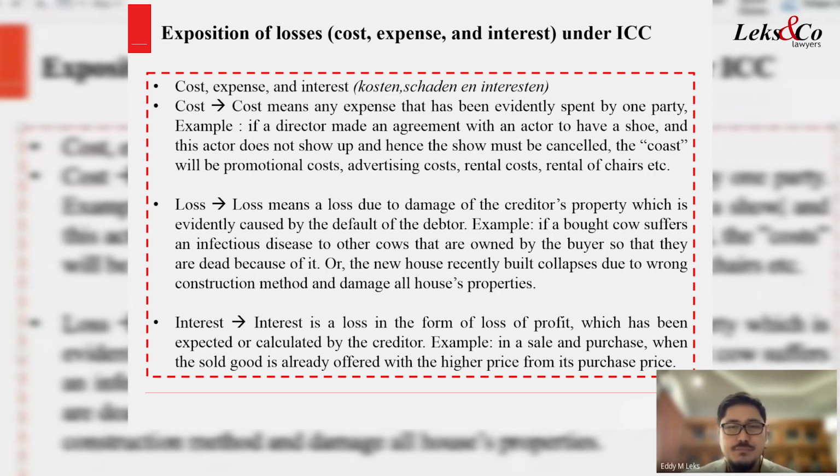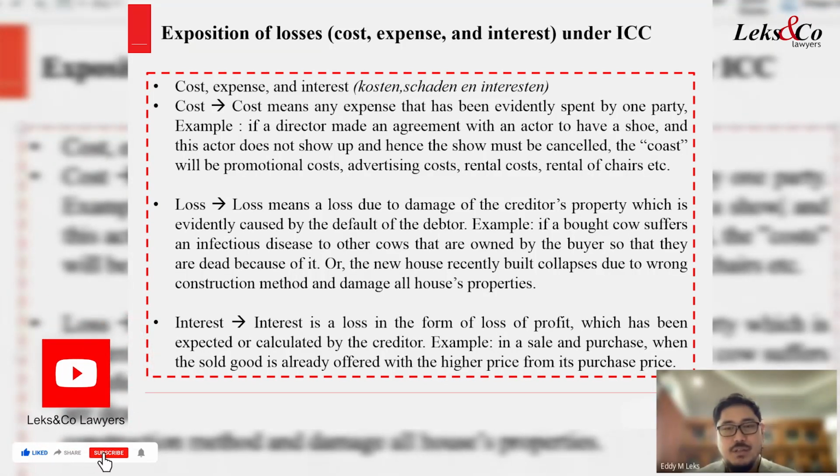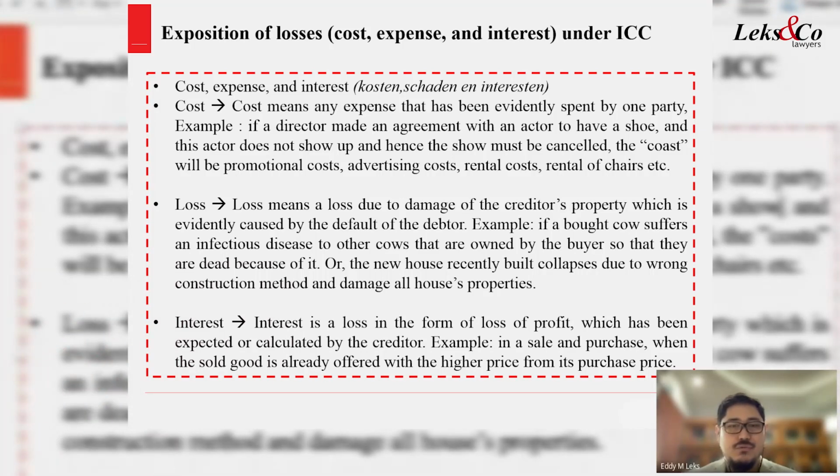Loss means a loss due to damage of the creditor's property, which is evidently caused by the default of the debtor. Example, if a bought cow suffers an infectious disease to other cows that are owned by the buyer so that they are dead because of it. Or the new house recently built collapses due to wrong construction method and damages all the house's properties.